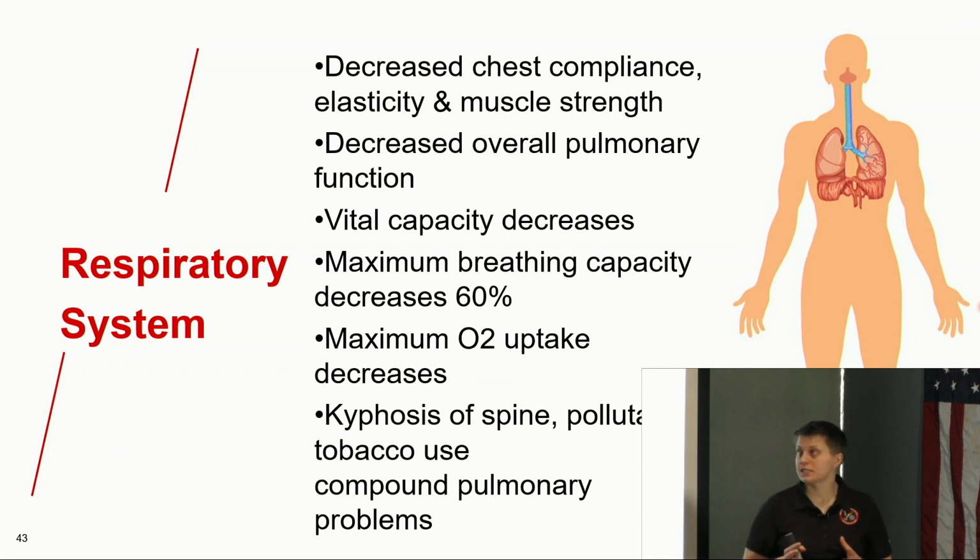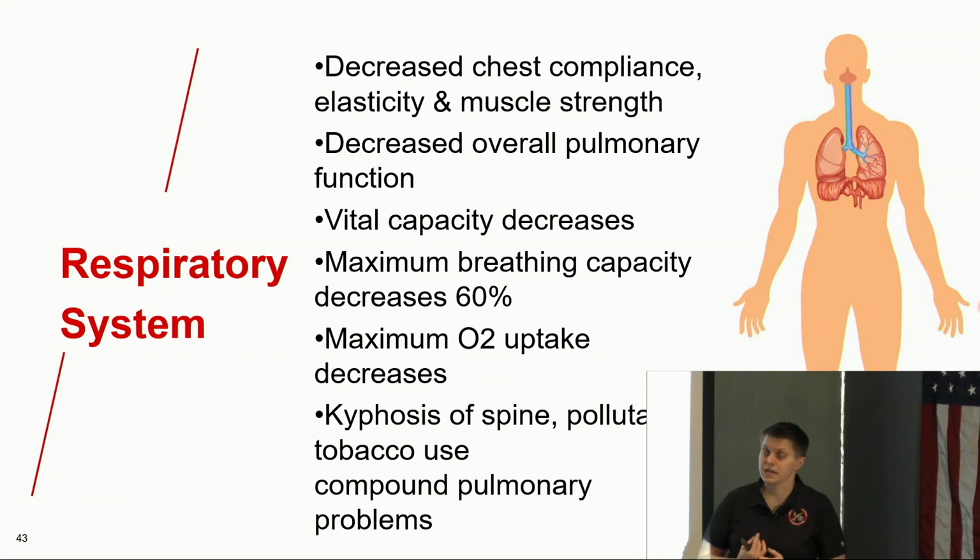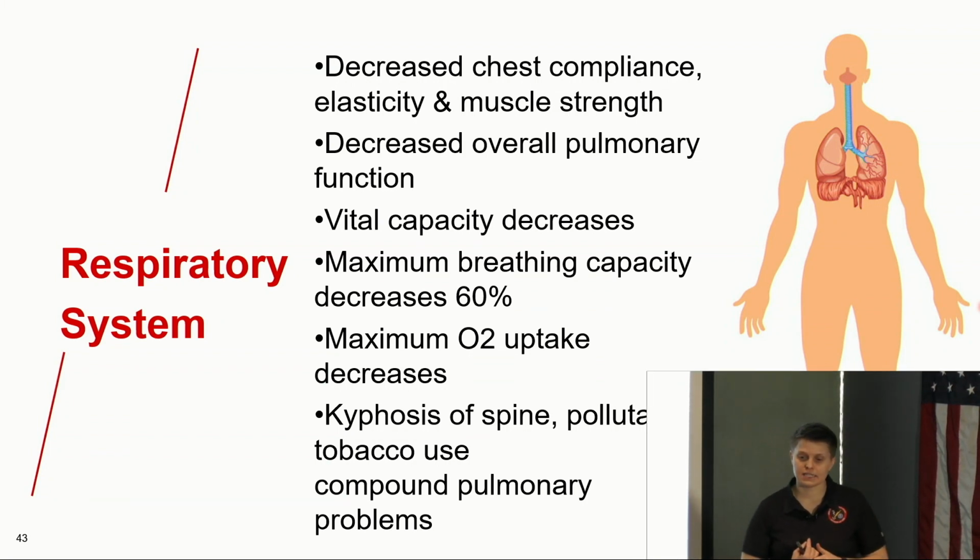All right, respiratory system. Some of the common changes as we get older. There is a decreased chest compliance and elasticity, and decreased muscle strength, so playing into, again, the skeletal and muscular system as well. Overall, we have decreased pulmonary function, decreased vital capacity over time. Our breathing capacity decreases by 60%.